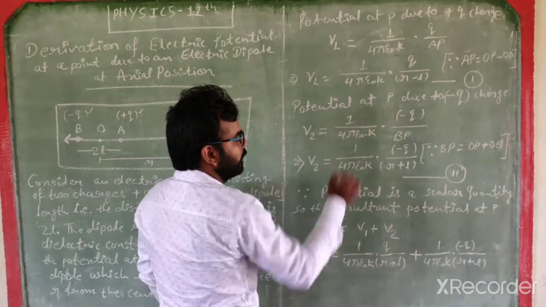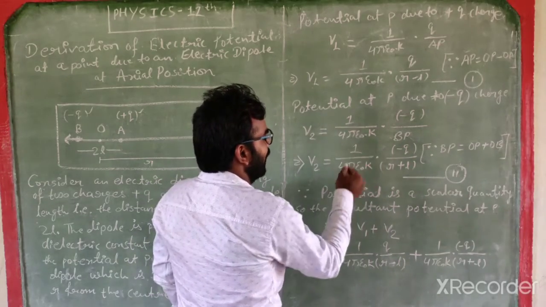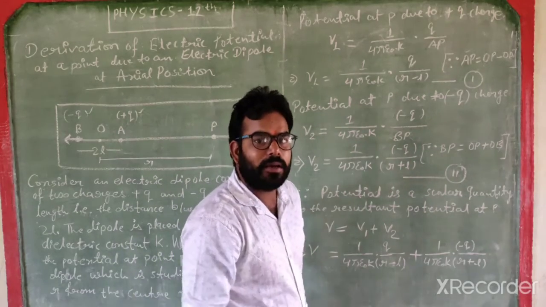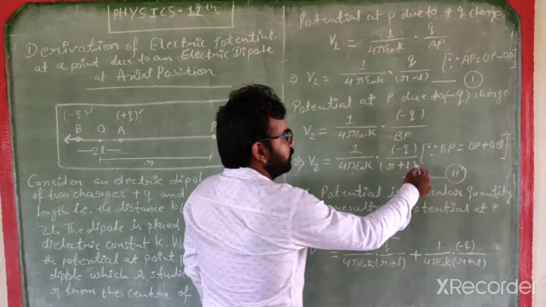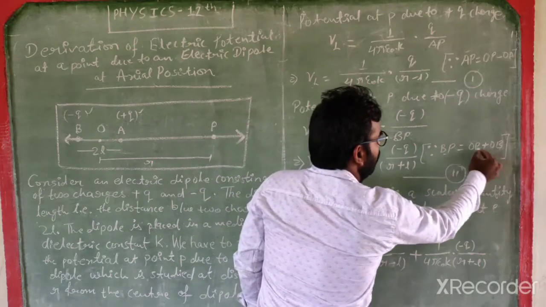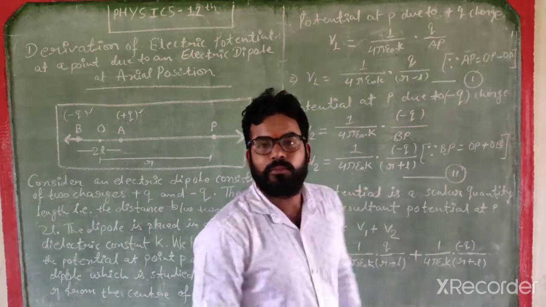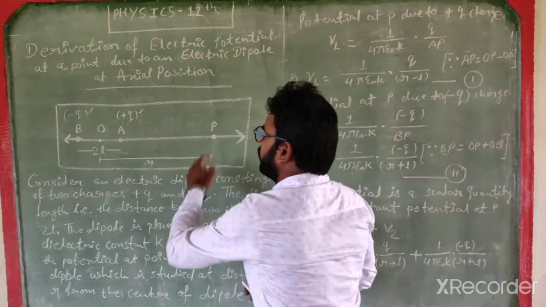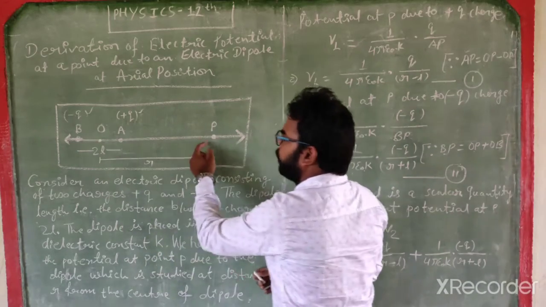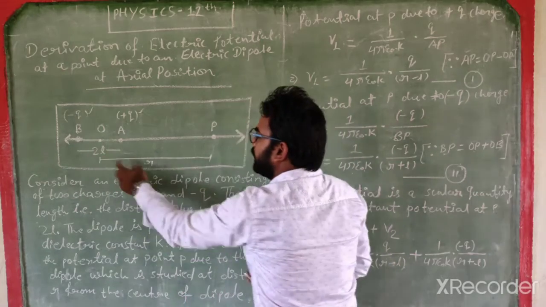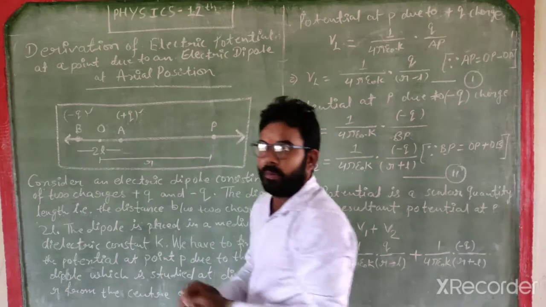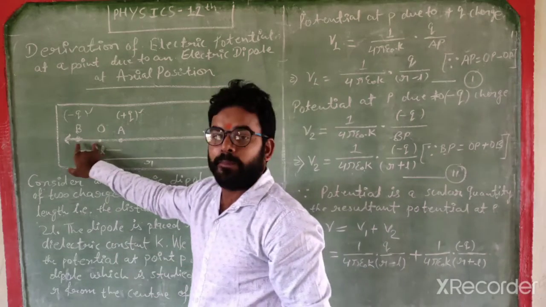So V2 is equal to 1 upon 4 pi epsilon naught K into minus Q upon R plus L, since BP is equal to OP plus OB, you can see here OBP, and the distance from center of the dipole O is R and we have to add OB, and the value of OB is L.